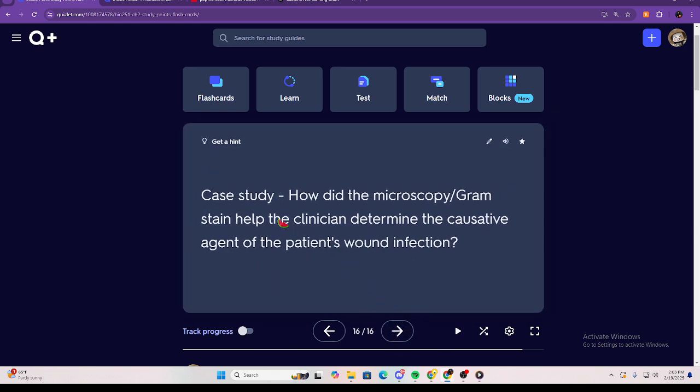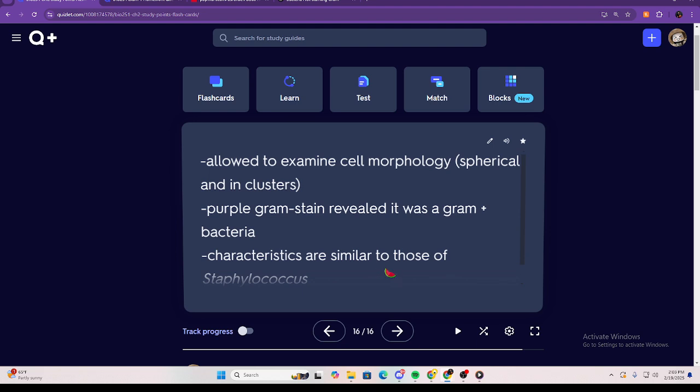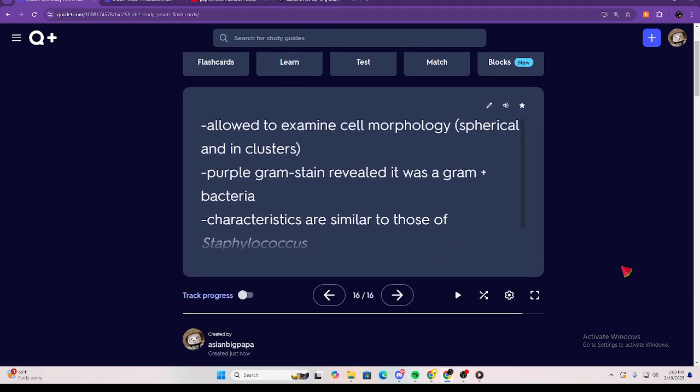Case study: how did the gram stain and microscopy help the clinician determine the causative agent of the patient's wound infection? The patient had an unknown sickness, so they isolated the bacteria, stained it with gram stain first, and then examined it under a microscope.